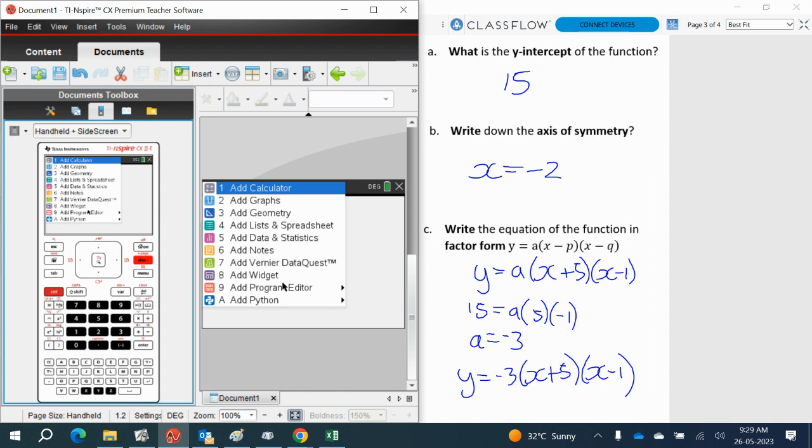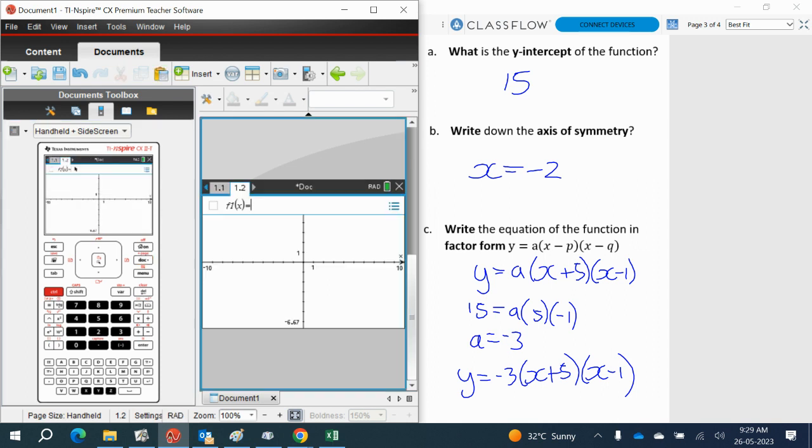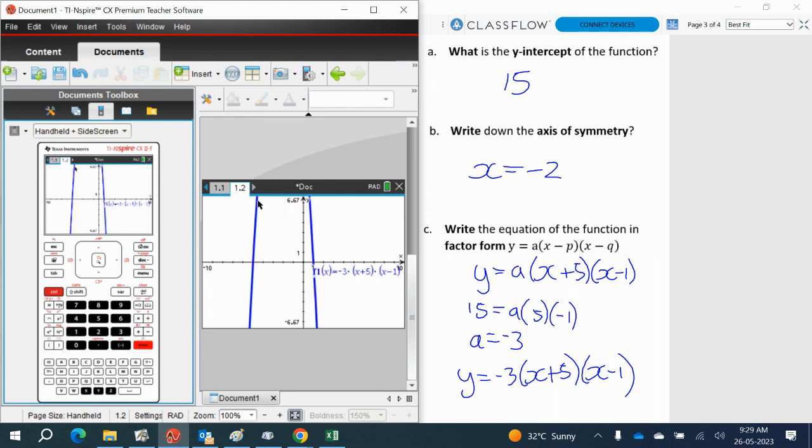Add a graph page, number 2. Type in our new function: -3 bracket x plus 5 close bracket, open another bracket, x minus 1. It will draw it looking like this.